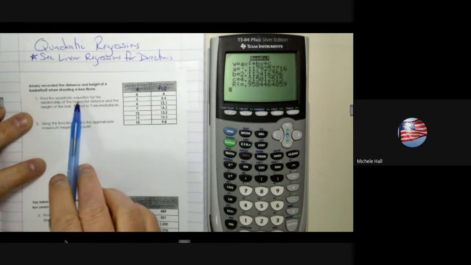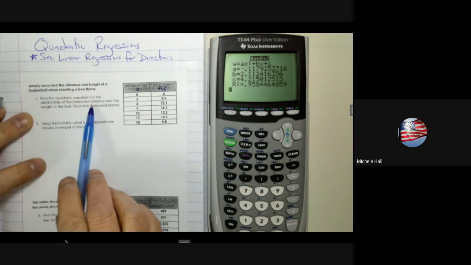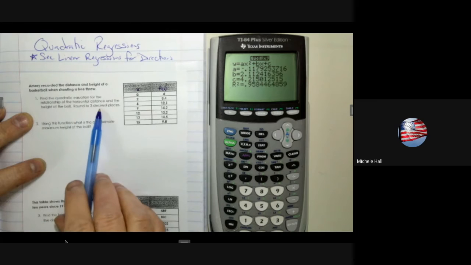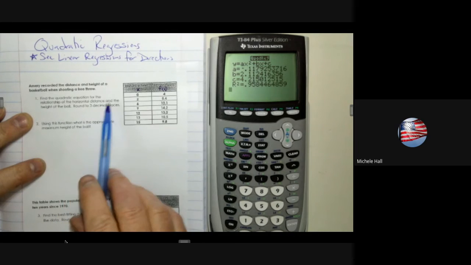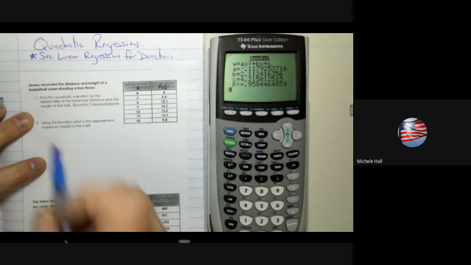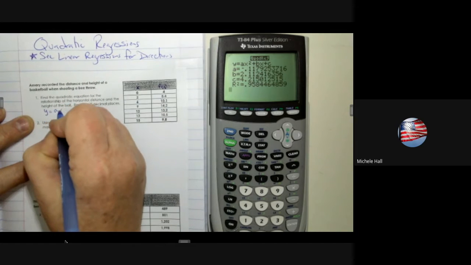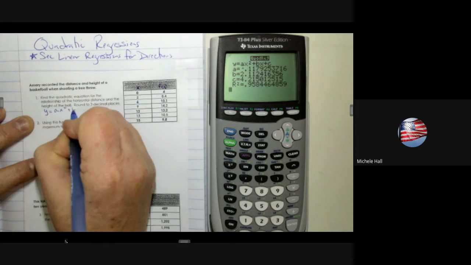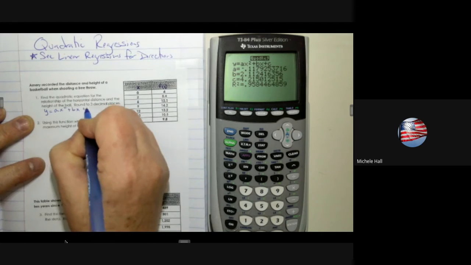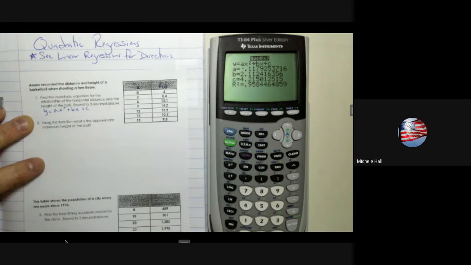Find the quadratic equation for the relationship of the horizontal distance and the height of the ball, round to 3 decimal places. So distance in feet, height in feet. Our equation is going to be y equals ax squared plus bx plus c. And we can see our a, b, and c.